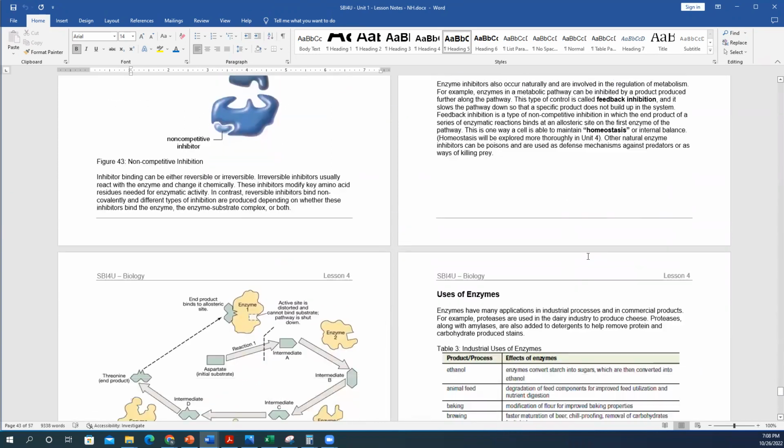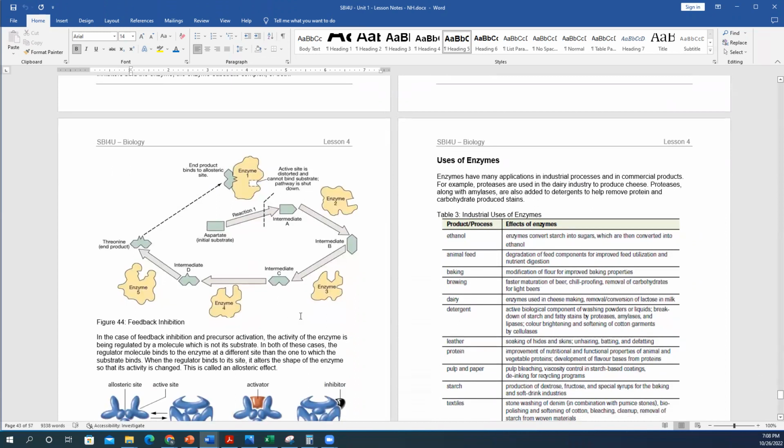We looked at feedback inhibition, where the end product of an enzymatic reaction pathway can bind to the allosteric site of one of the primary enzymes, one of the enzymes further upstream, and actually shut down the pathway.